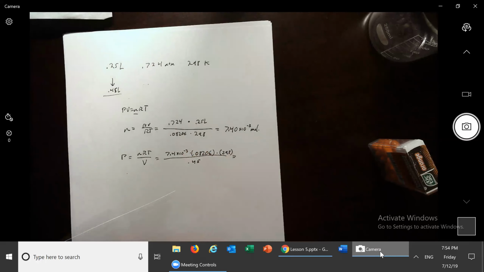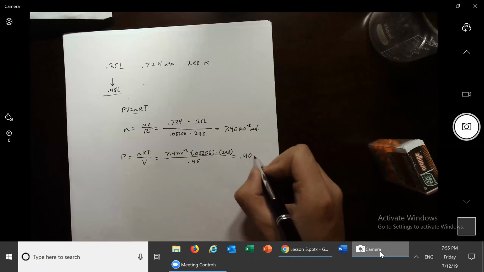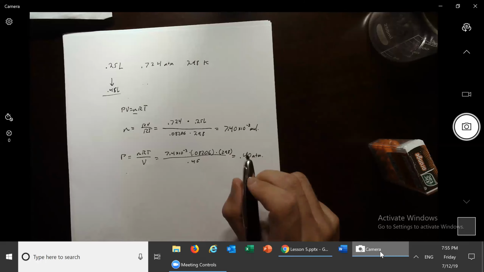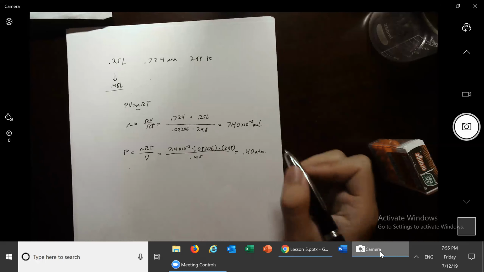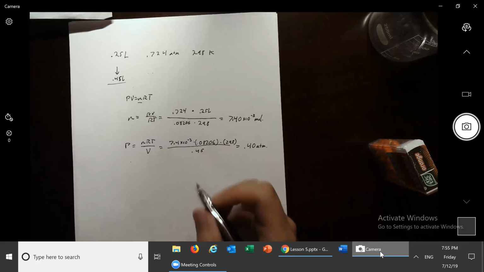And what does this equal? 0.40 atm. By the way, when you do your problems, you should include units, but I'm not including them to save a little bit of space.